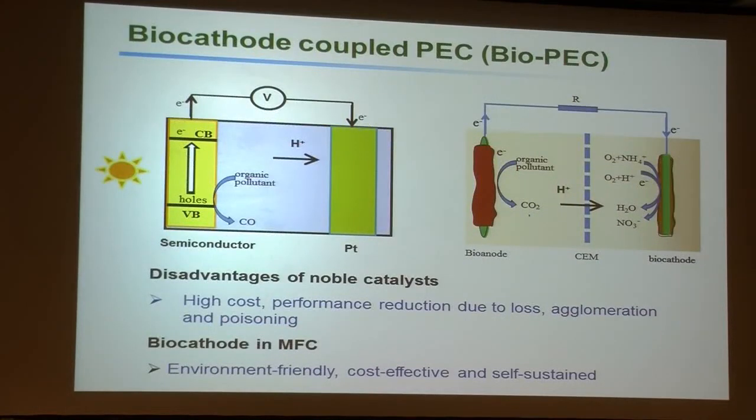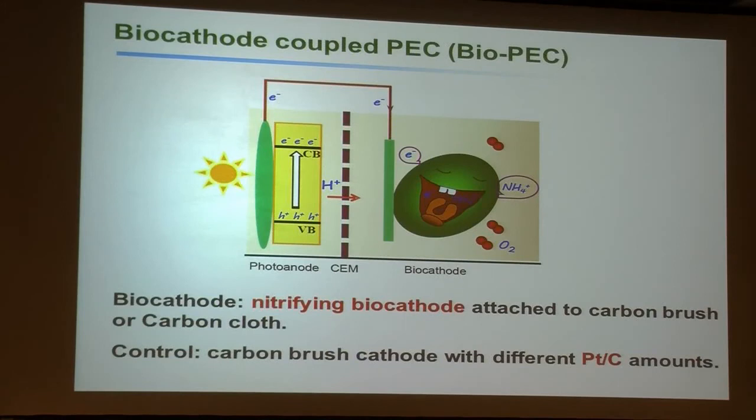So we use this kind of material to make a membrane or particles used in the anode chamber in the PEC system. Based on the analysis I mentioned just now, we removed the platinum cathode and used the biocathode to combine a new system. We call this system a biocathode PEC system.